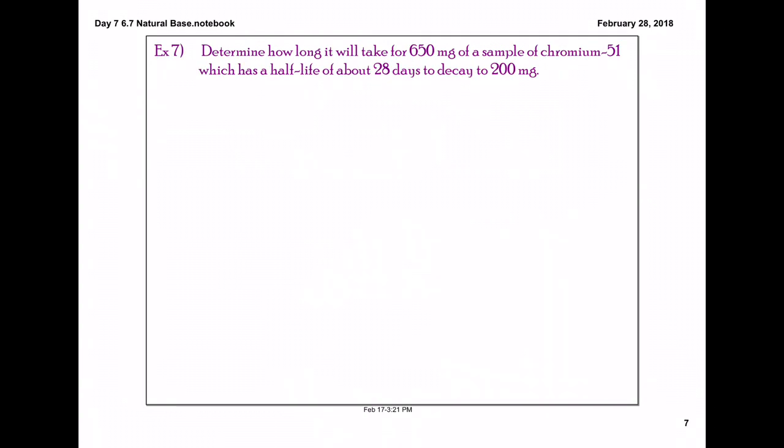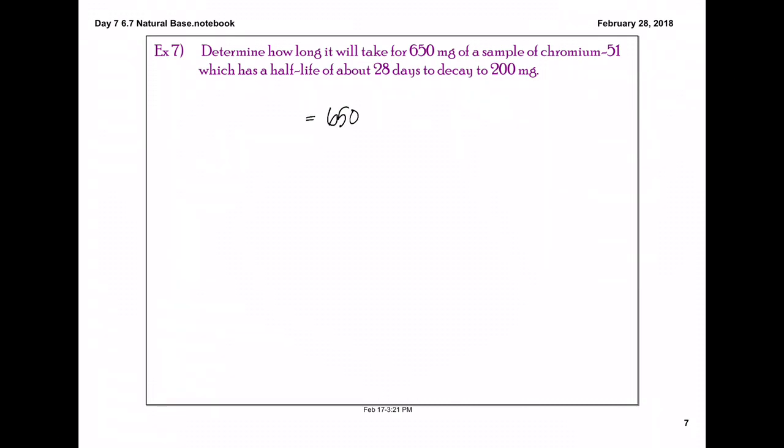The next example says determine how long it will take for 650 milligrams of a sample of chromium-51, which has a half-life of about 28 days, to decay to 200 milligrams. So again, our original amount is 650, and we want to know half-life.